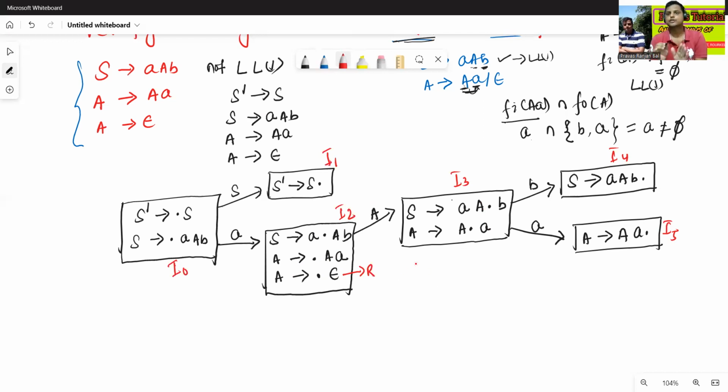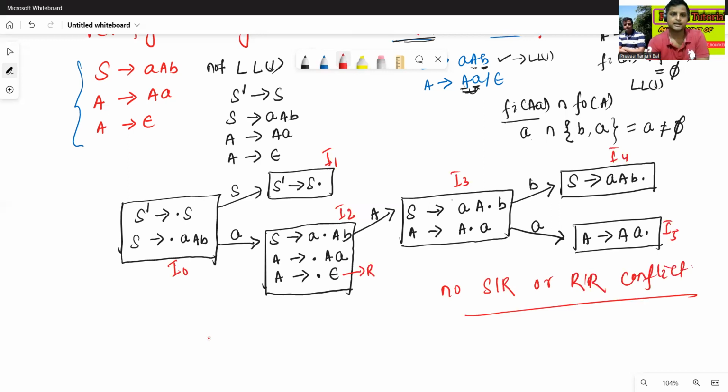So this grammar is LR0. Since the grammar is LR0, this grammar is also unambiguous.